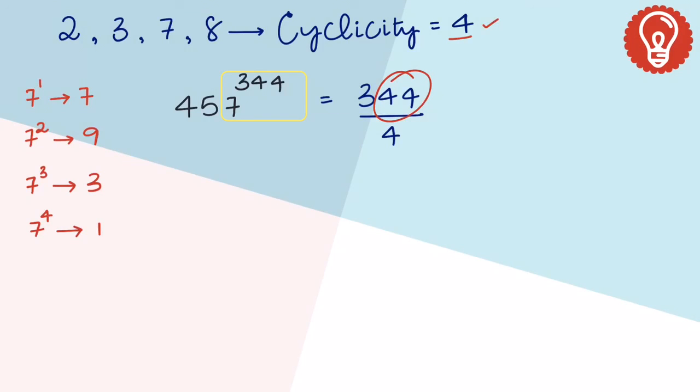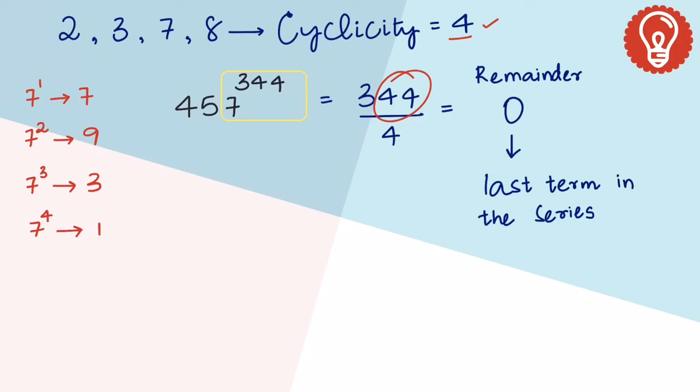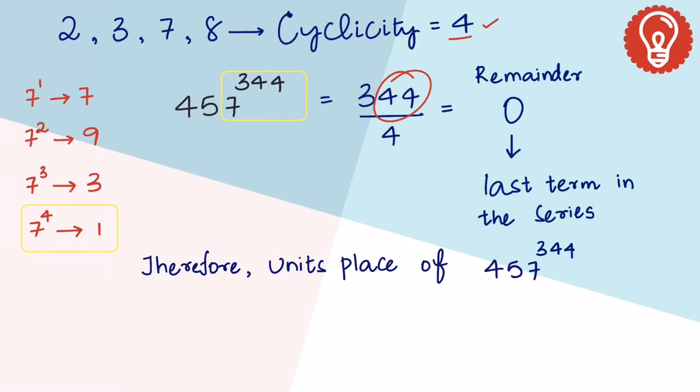Focus only on the last two digits because of the divisibility rule, and the remainder is 0. 0 refers to the last term in the series. The last term in 7 power n series is 1. Therefore, the units place of this number is 1.